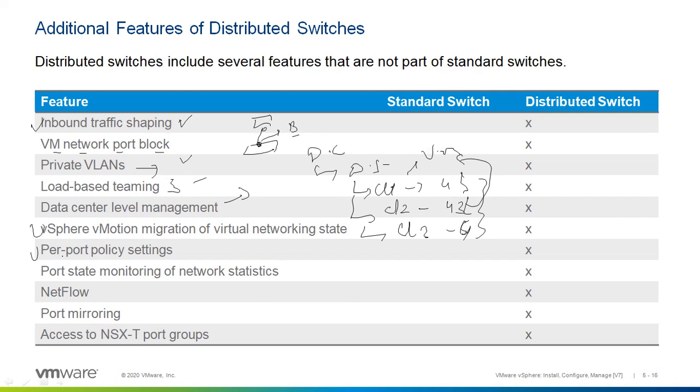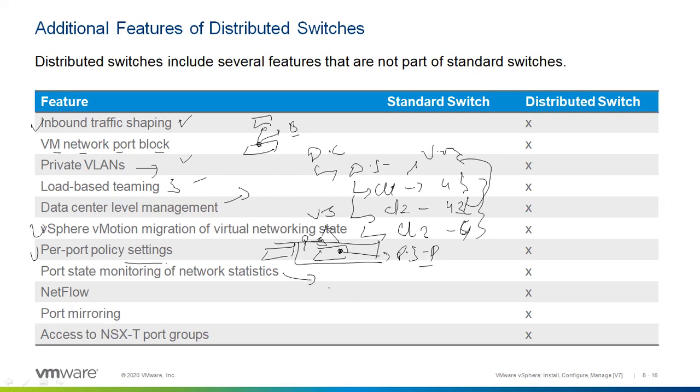Per port policy means that we have a set of policies that we can apply at the port group level, and also on the entire switch where the port group exists. DVS gives you more granularity, even for a specific virtual port consumed by a virtual machine. You can also configure port group level policy.